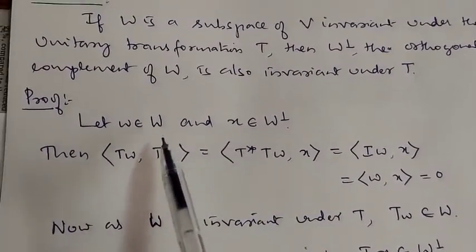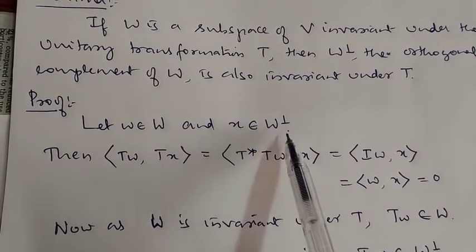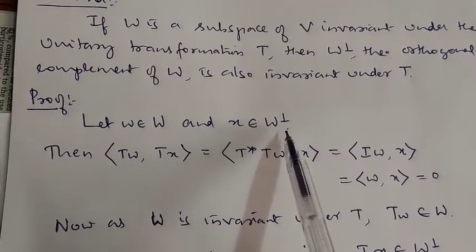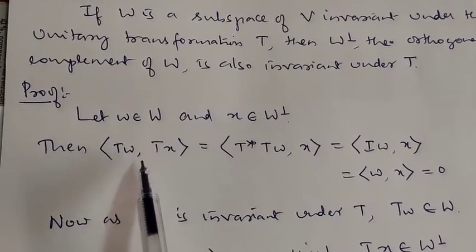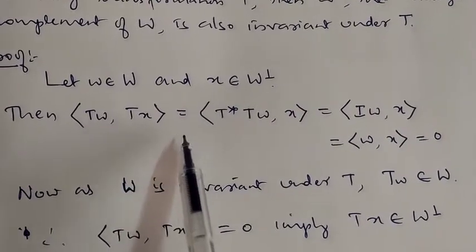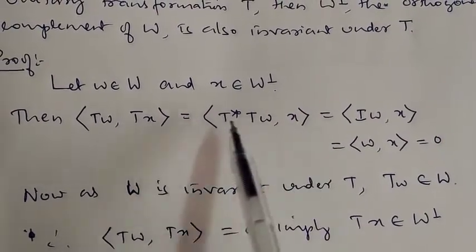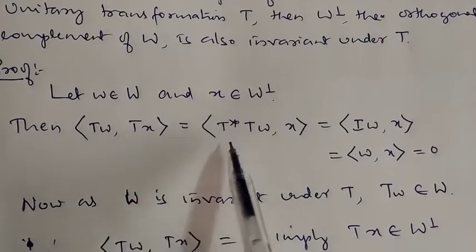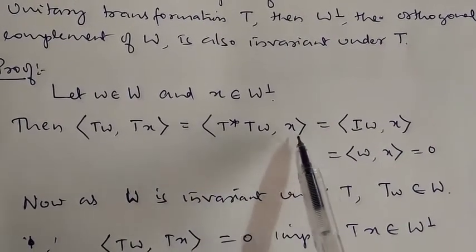So let w belong to W and x belong to its complement. Then the inner product of T(w) and T(x) can be written as, transferring T across, T star T(w), x.